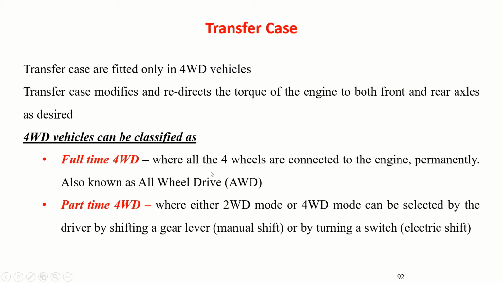In full-time, all the four wheels are connected to the engine permanently. Correct? Sometimes some cars advertise as an all-wheel drive vehicle, AWD. Part-time four-wheel drive means whenever you want, you can engage and make the vehicle four-wheel drive. Otherwise, it will always be running in the two-wheel drive mode.